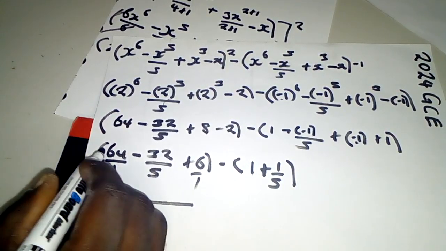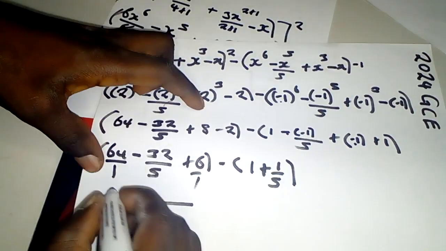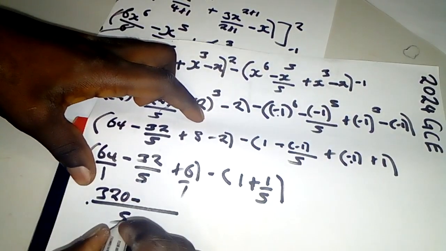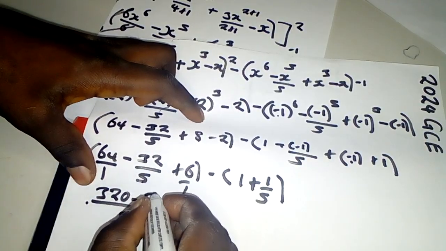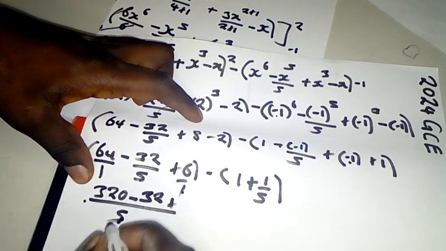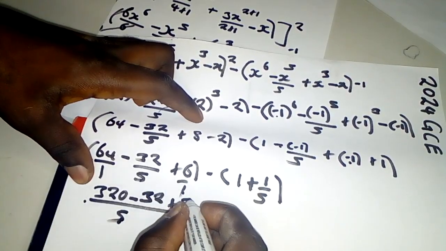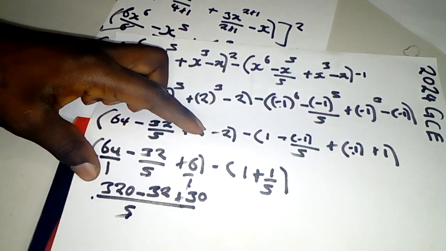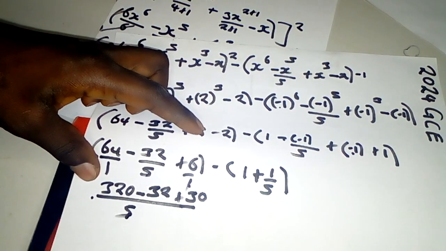Then 5 times 64 will get 320, minus 5 into 5, it's 1. 1 times 32 will get 32, plus 1 into 5, it's 5. 5 times 6, we're going to get 30, like that. Okay, hope you are following.